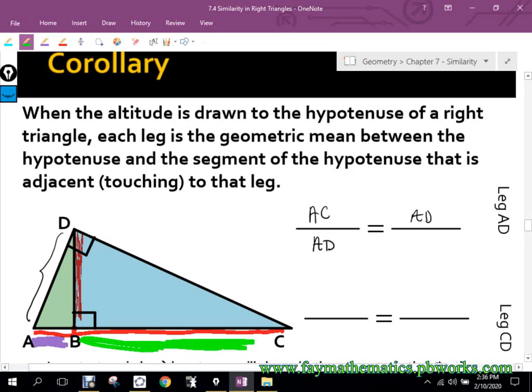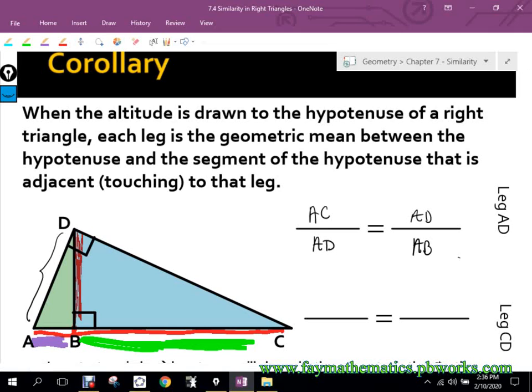Which one of those, the purple one or the green one, is touching AD? A to B, right? So that's what they're referring to here. We'll put AB right there. That is the part of the hypotenuse that is touching the leg that you use in the geometric mean.